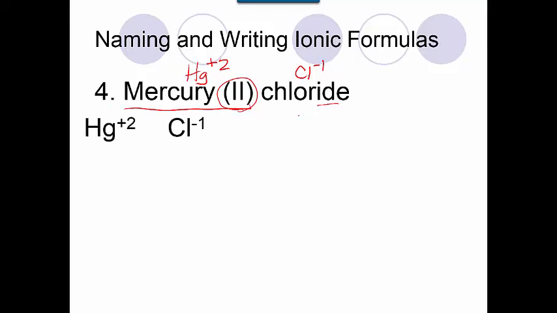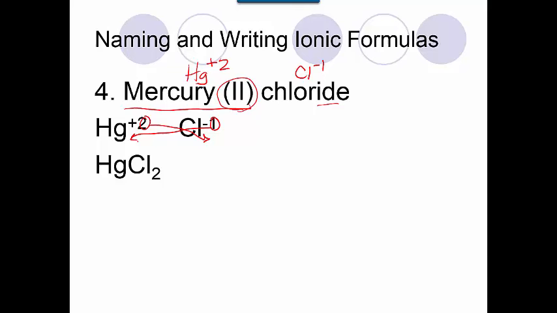So right now we're starting off with Hg +2 and a Cl -1, and we want to know how many Hg's do we need, how many chlorines do we need, so that this will equal 0. This will be neutral. Again, if you take the, not the Roman numeral, excuse me, if you just take the charge and you crisscross them, remember ones are understood, we don't write ones, so it's just going to be HgCl2.